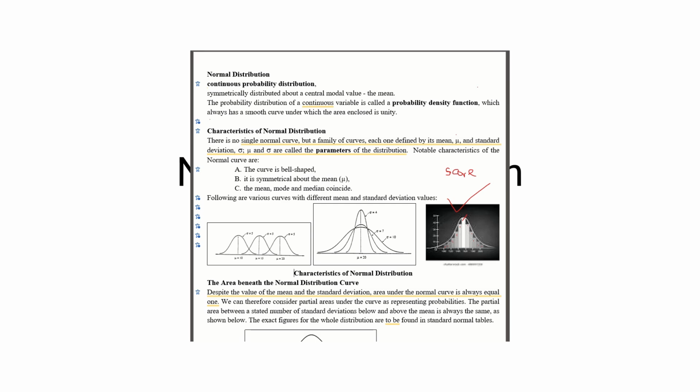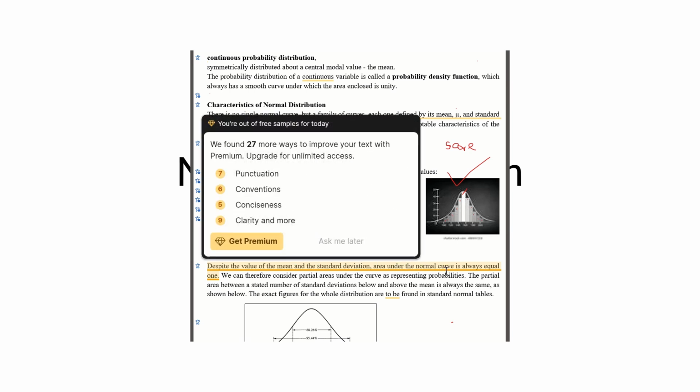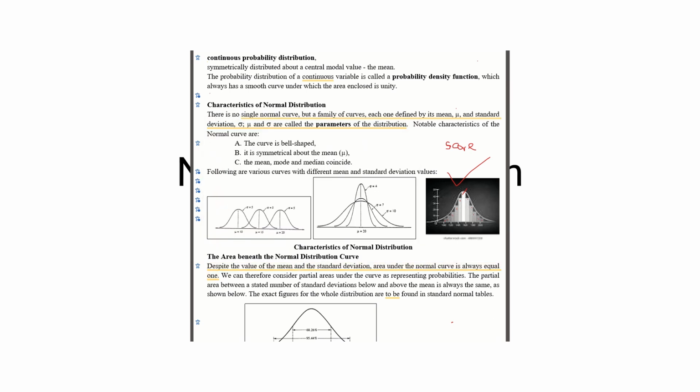Now, moving forward, it said area beneath this, the area that this distribution covers. What does it mean? Despite the value of mean and standard deviation, the area under the normal curve is always equal to 1. We can therefore consider partial areas under the curve as representing probabilities.